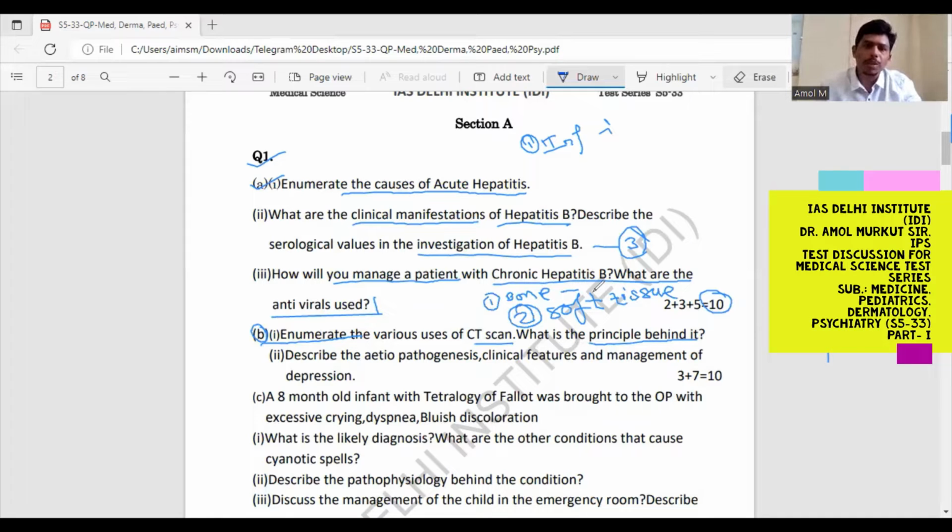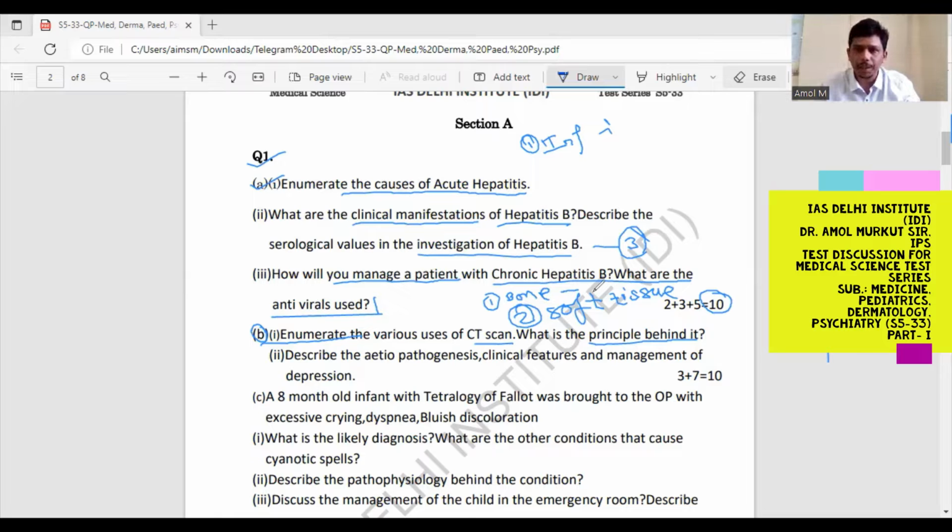So what is the use for bone? CT scan in analysis of bone: is it required in fracture analysis? Not exactly. But in case of tumors, CT scan is good. In case of joints, again CT scan is helpful to analyze any pathology in the joint. Then there is soft tissue tumor; CT scan is very useful in that.